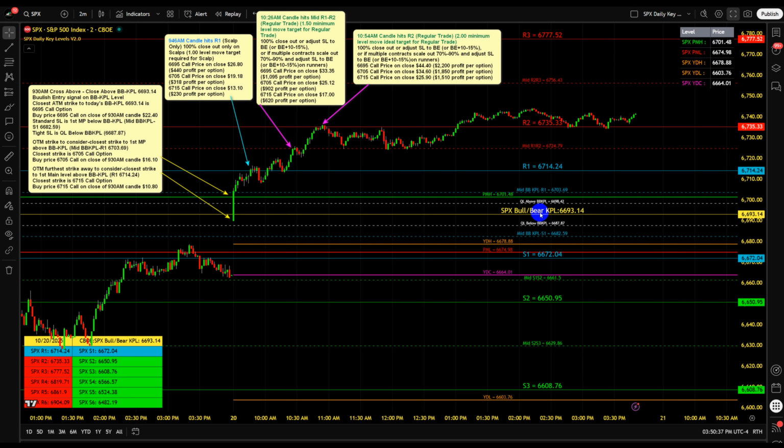So the default display is all of these pre-market levels and YDH levels, the bull bear key price level, all of the main R and S levels, then the first midpoint above the bull bear KPL, the first midpoint below the bull bear KPL, and the QL above and the QL below the bull bear KPL.